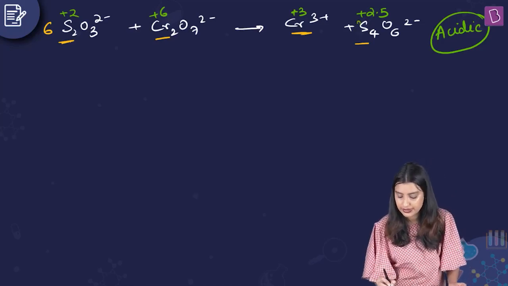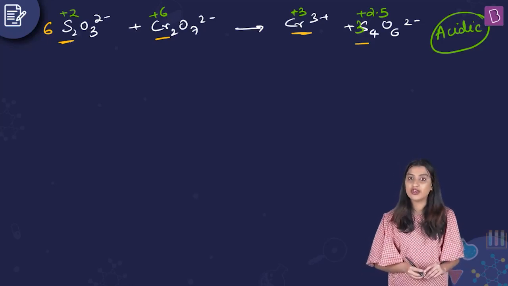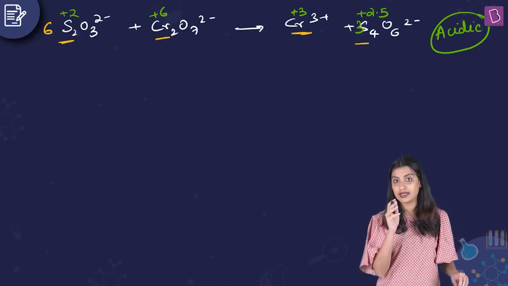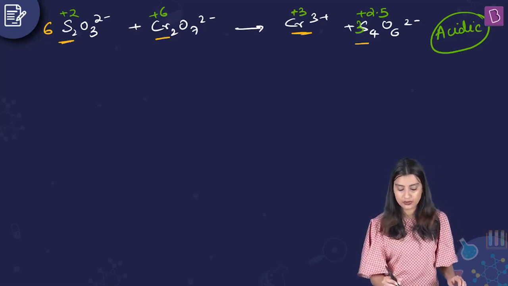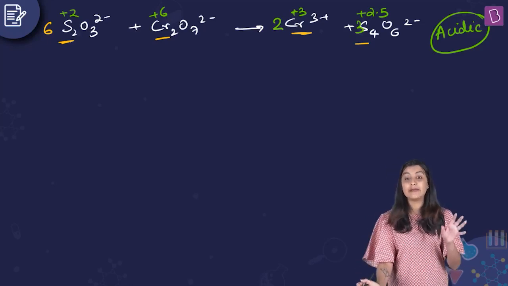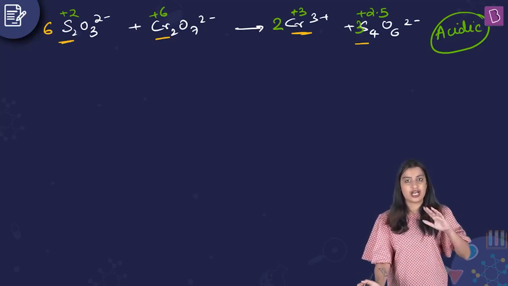So I'm going to write 3 here, which means you will get 12 sulfur atoms on each side. Now, on the reactant side, you have Cr2O7 2-, which means you have 2 chromium atoms in the dichromate ion. On the product side also, we need to add a 2 because of this. So the elements that are undergoing oxidation and reduction have been balanced.